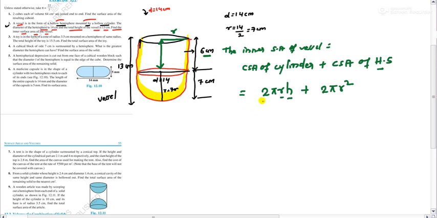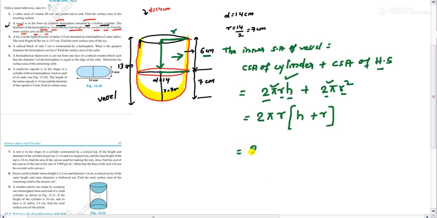Okay, so in both the equation, 2 is common, I can take it out. Pi is common, I will take that also out. What about R? R will be same because both of them have the same base radius. So I will take R also common. That's all. Now here H is remaining. What is this H? It is height of the cylinder. You have to remember that. Plus here R is remaining. So I'll write it here.